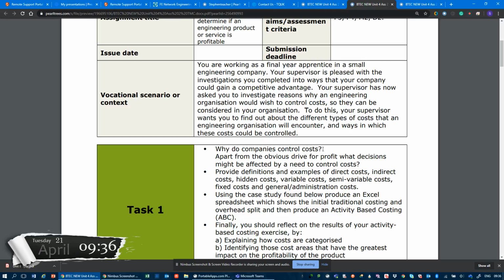So all companies control costs. If companies don't control costs, then they end up spending more than they're making, and that's not a sustainable way to do business.